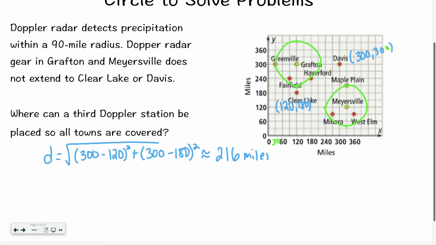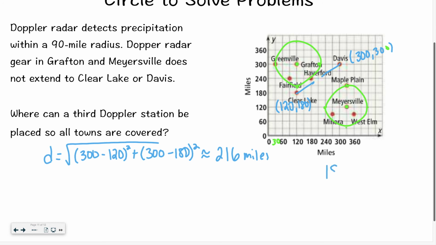And 216 is more than half of the distance, because let me start over on that train of thought. If our Doppler stations can only cover a 90-mile radius, that means I would have 90 miles from Clear Lake, and I would have 90 miles from Davis.